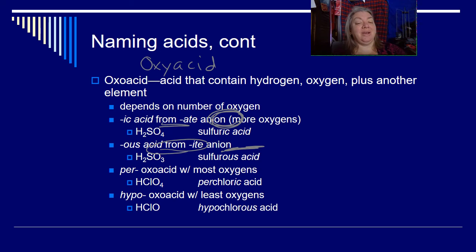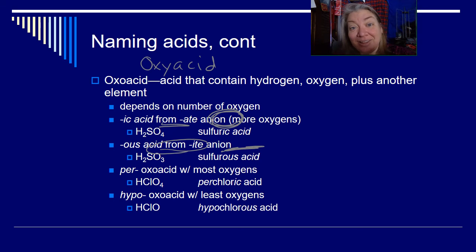It's too low. So hypo refers to less oxygens, and it's always used with the ending ite, which we changed to ous. So hypochlorite is named hypochlorous acid. Just remember, ate becomes ic, ite becomes ous.